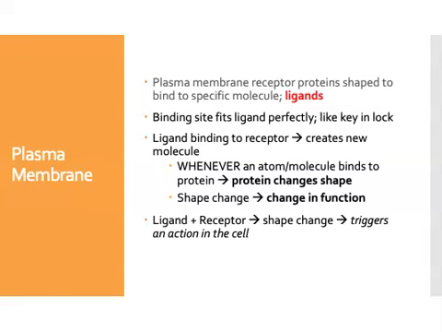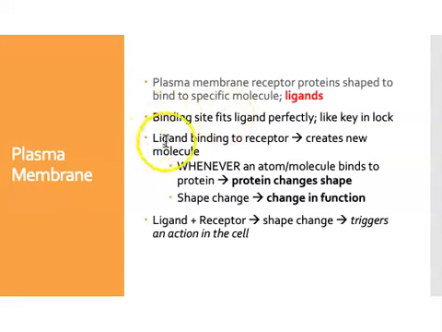And just like we saw with the carrier protein, when a ligand binds to a receptor, it causes the receptor to change shape. Ligands fit receptors like a key fits in a lock. The binding site, the opening site on the protein, is going to fit the ligand perfectly, just like a key fits into a lock.